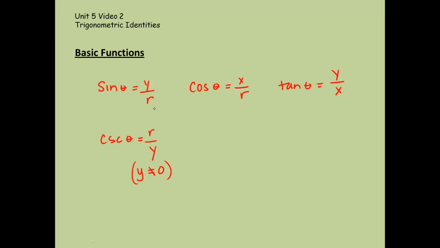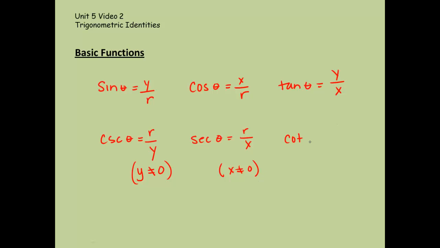We're not worried about our radius being 0, so for sine and cosine we're never worried about our radius being 0 because we really wouldn't have a triangle if we had no radius. It wouldn't extend into any quadrant. And then secant of theta would be r over x, so here we have to remember that x can't be 0.